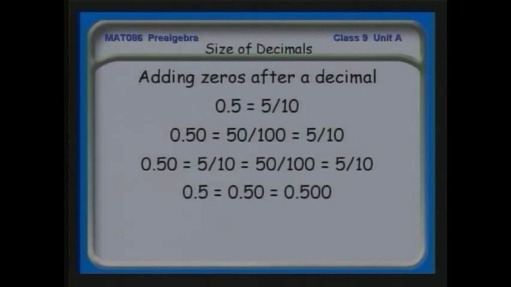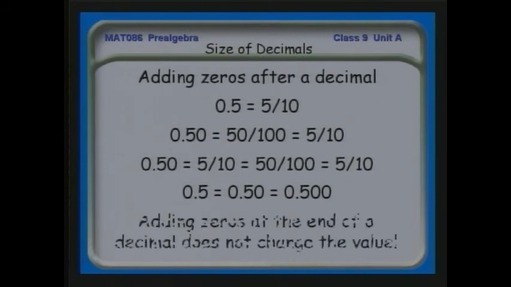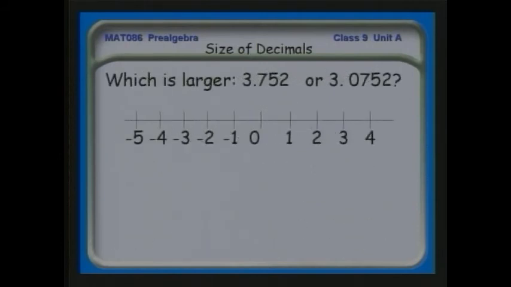So 0.5 is equivalent to 0.50 is equivalent to 0.500. What we get here is that adding zeros to the right of your decimal is not going to change its value. It's equivalent, and sometimes it's useful to do that when you want to compare decimals together.